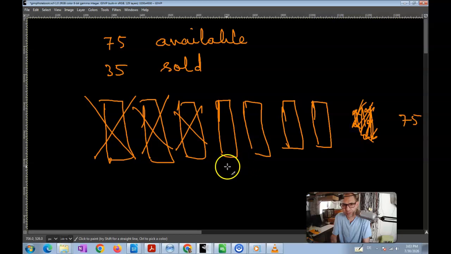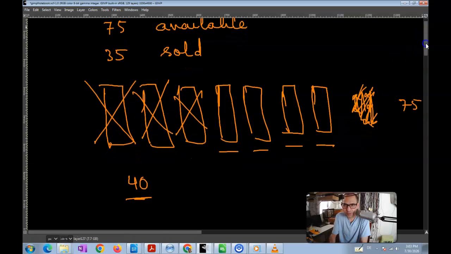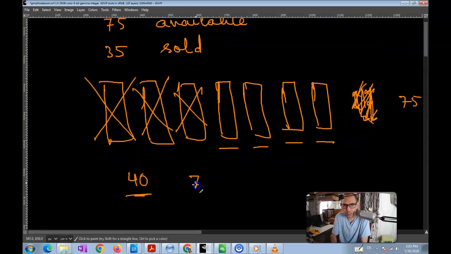And what remains is 1, 2, 3, and 4 groups of 10. That would be 40. That means the number of diyas left would be 40, right? This operation you can write in notation as 75 minus 35 is equal to 40. That's your subtraction.